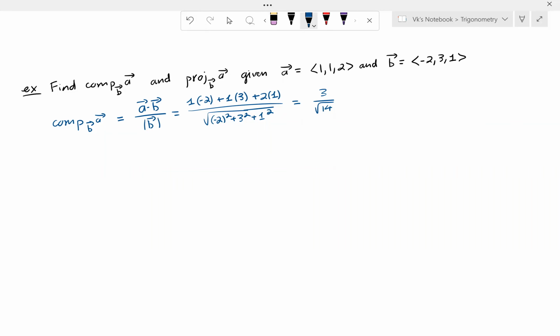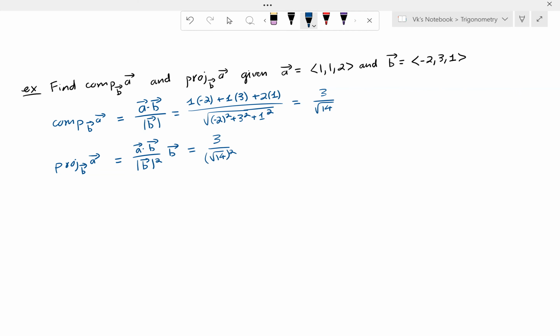Next is the vector projection of A onto B. It is the formula A dot B over the magnitude of B squared multiplied by the vector B. Well, we know A dot B, that is 3. We know the magnitude of B is root of 14.